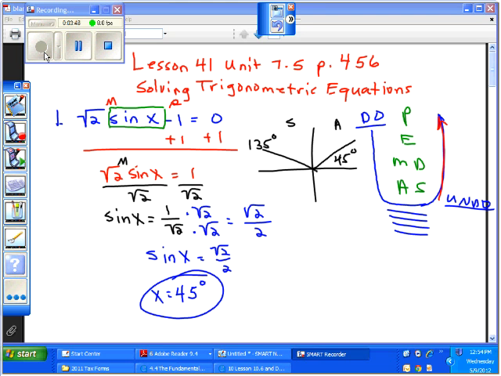If we think about the primary function, or the principal function, the principal value would be 45, although 135 is also a value that would make it true. And obviously, we could go around and around and get an infinite number of values if we went around the circle. So we're going to say that 45 degrees is the principal value of x that would make that true. Any questions on number 1? Okay.